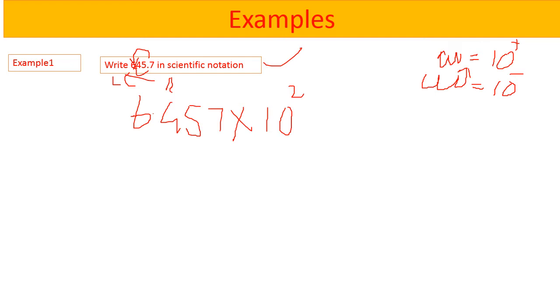Here the conditions of scientific notation are fulfilled.